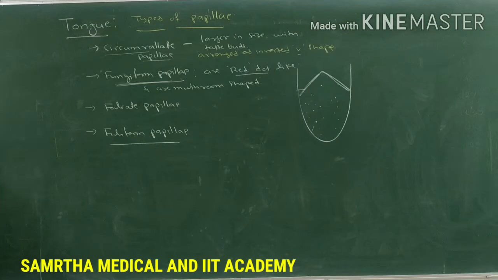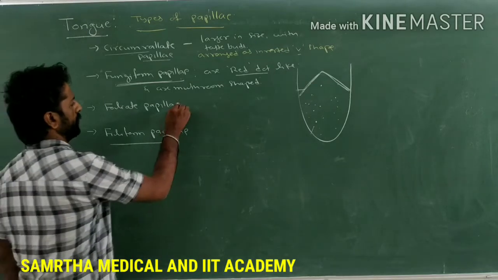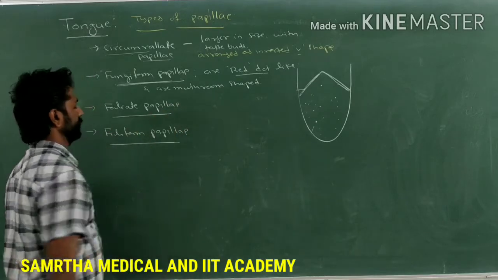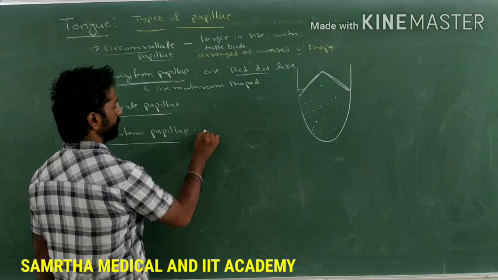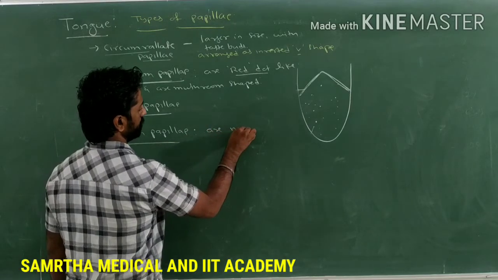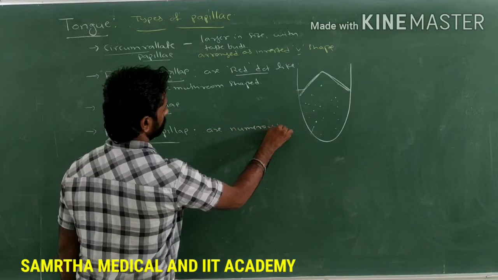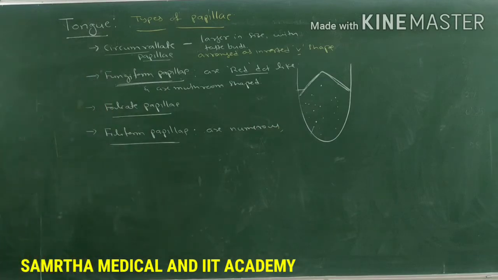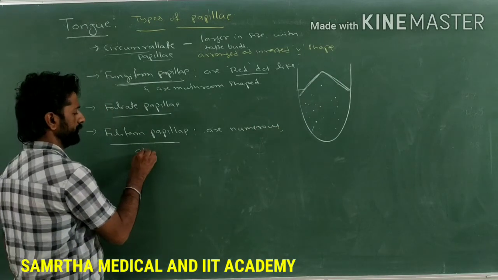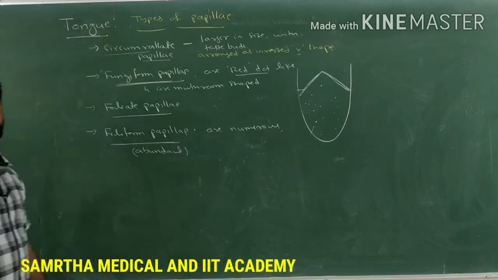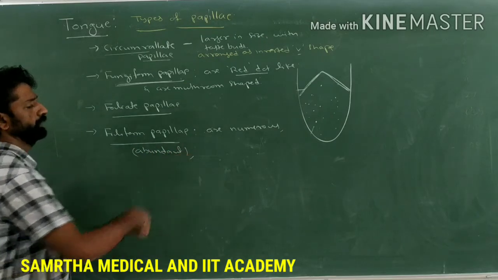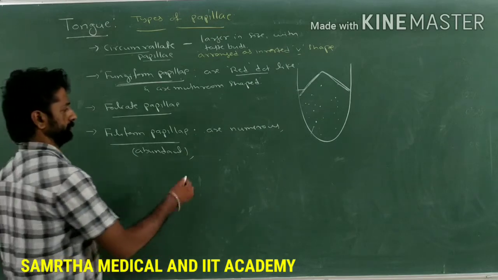The papillae which are numerous or abundant are the filiform papillae. These filiform papillae are numerous, meaning present in more number, and are without taste buds.